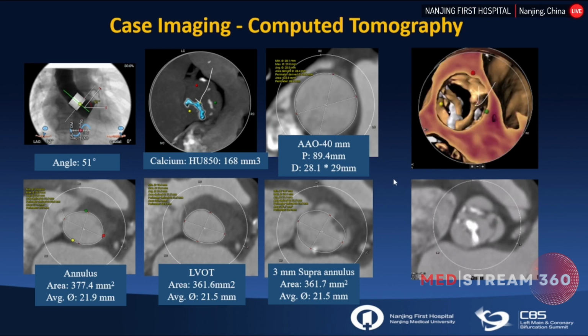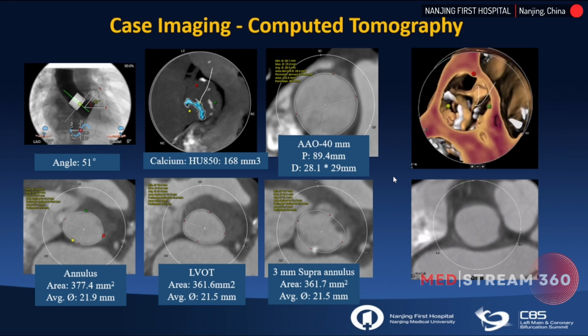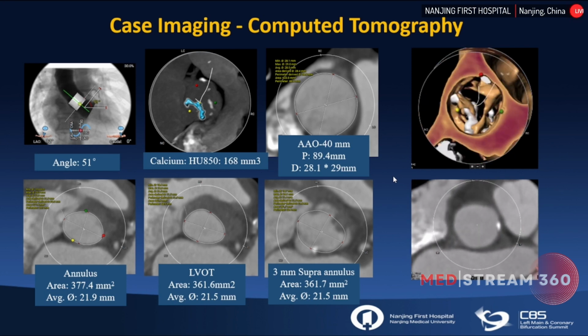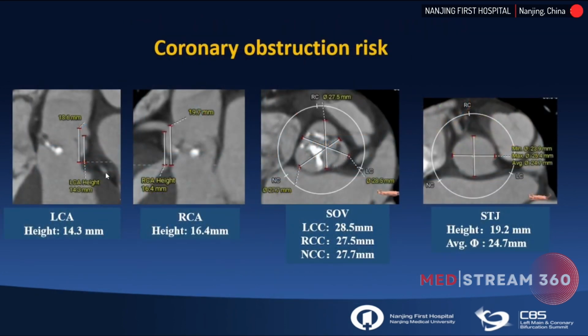And also at the LVOT, 4 millimeters below the annulus, the area was 361. There is not so much calcification. In terms of coronary obstruction risk, you can see the left coronary height is 40 millimeters, the right coronary height is 60 millimeters.